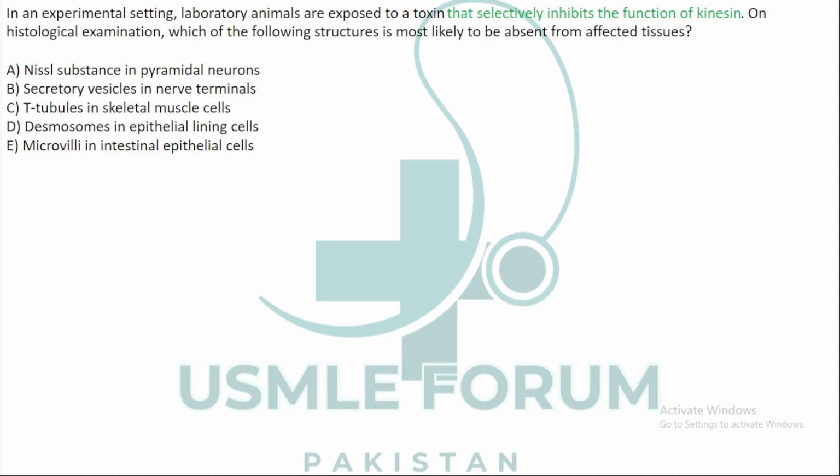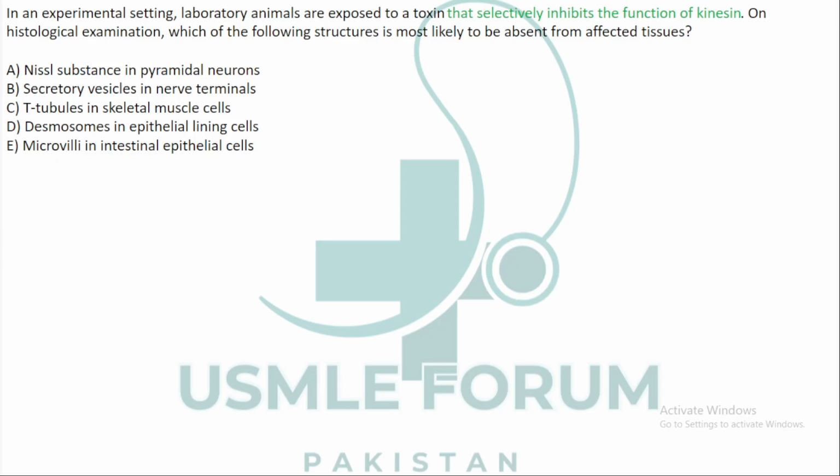Okay. Option C. Of course, by the word T tubule, you are thinking of some muscles. So T tubule, option C, is not dependent on kinesin. These are just invaginations of the plasma membrane, a part of muscle cell architecture, not the transported structure. So it's incorrect. Option D, desmosome in epithelial lining cells.